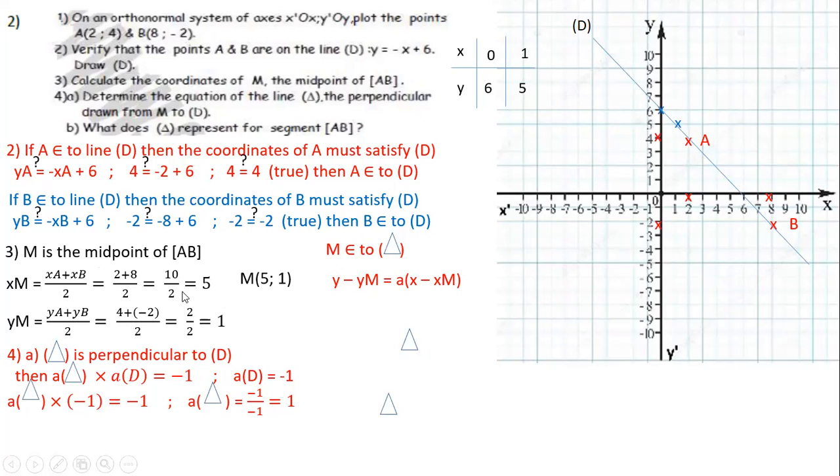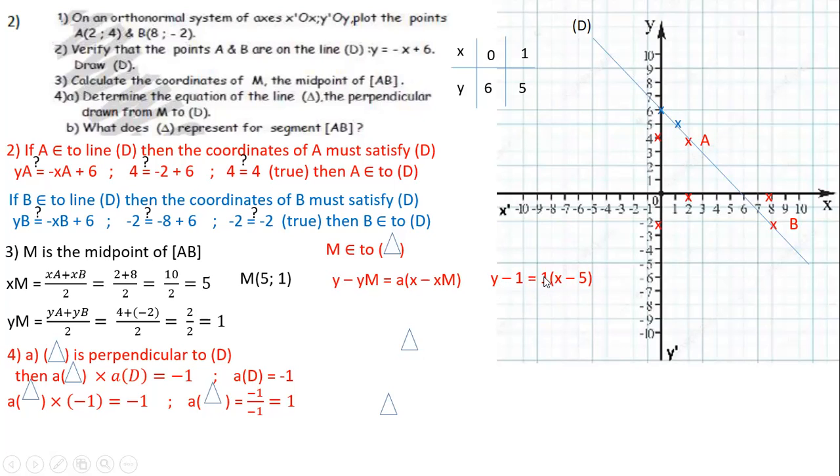We must be careful here while we are calculating. Don't rush, because what you get here will be used in this part. So if you had a mistake in this part, also you will lose marks in this part. Here it must come out 5 and 1; if you get for example 3 minus 1, everything here will come out wrong. Now we replace. If we replace we get this equation: y minus 1 equal 1 into x minus 5.